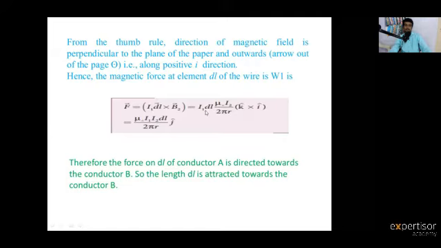After substituting in this equation, we get the relation mu naught I1 I2 dl divided by 2 pi r into j cap. Therefore, the force on dl of conductor A is directed towards the conductor B. So the length dl is attracted towards the conductor B. This is the force generated on conductor 2.